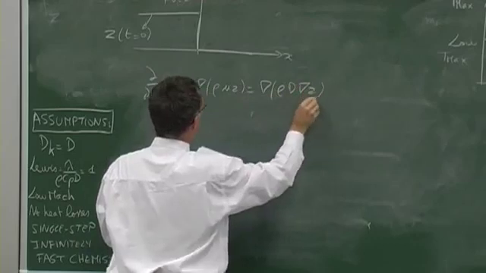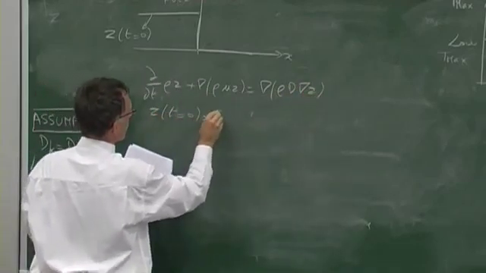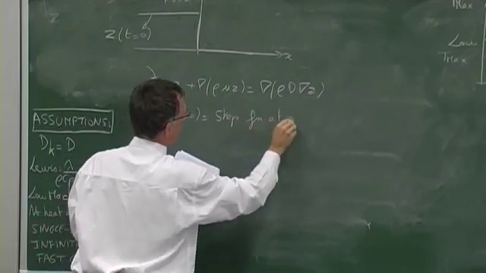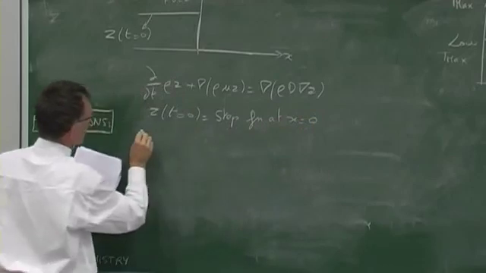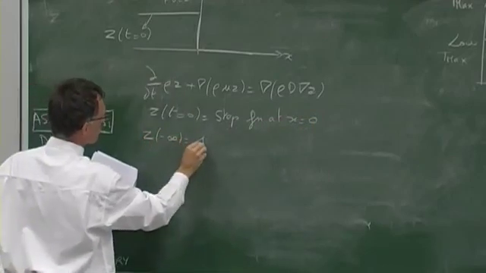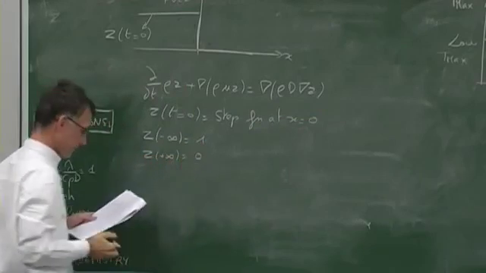This is the equation. This is the initial solution. And we still have the two boundary conditions. Z at minus infinity is equal to 1, and Z at plus infinity is equal to 0.